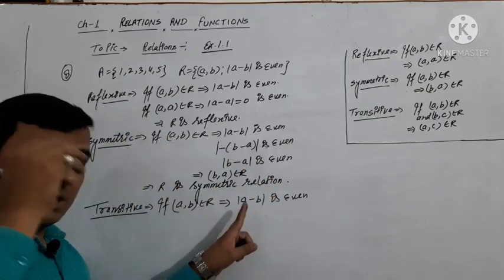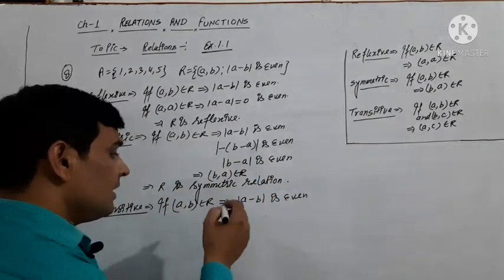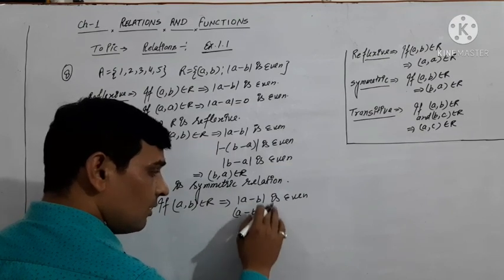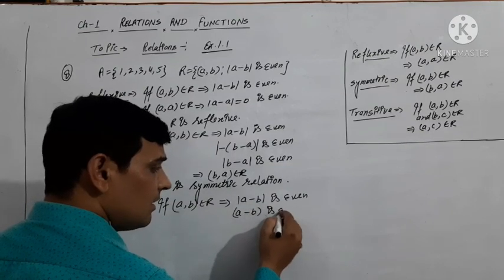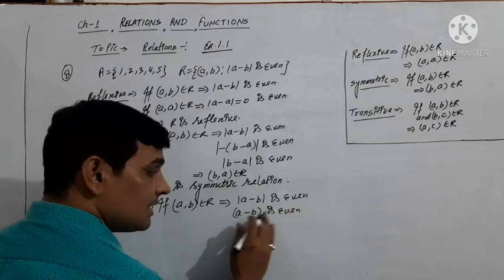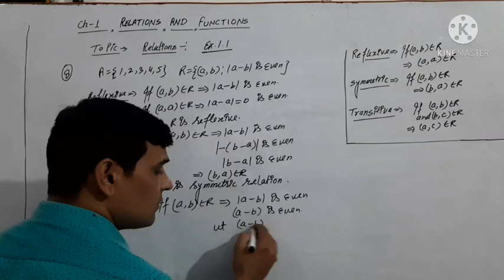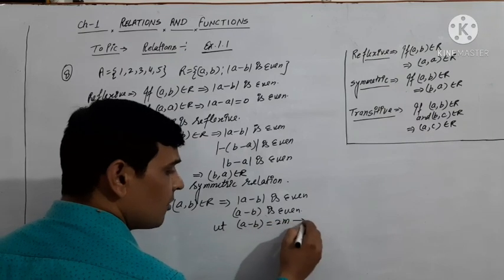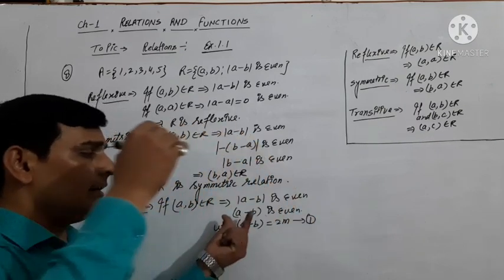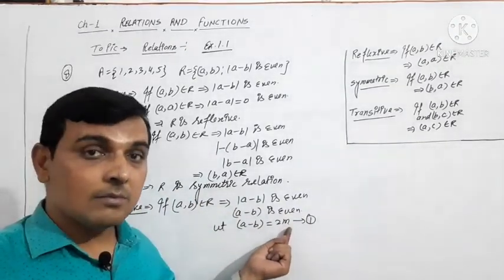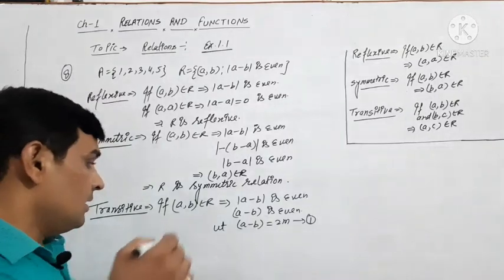When modulus of a minus b is even, then without modulus it will also be even. Now this is even, so we will let a minus b equal to 2m, because it is an even number.